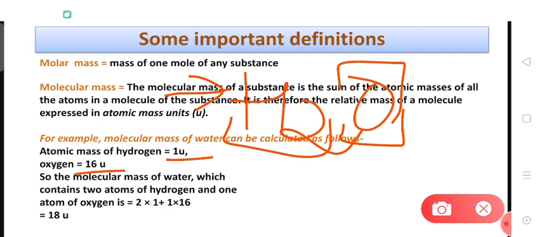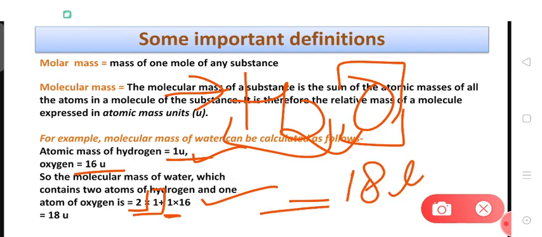There are 2 atoms of hydrogen, so 2 into 1, and there is one atom of oxygen with atomic mass 16. So 2 into 1 plus 1 into 16 gives a total of 18 unit, or 18 AMU, or 18 unified mass. So this is the molecular mass of water, and this is how you will calculate molecular masses.